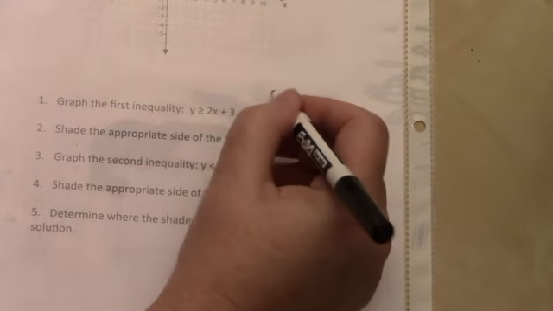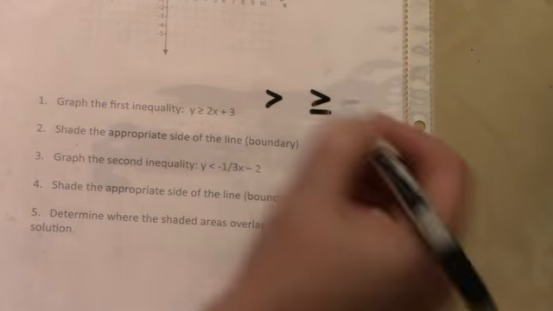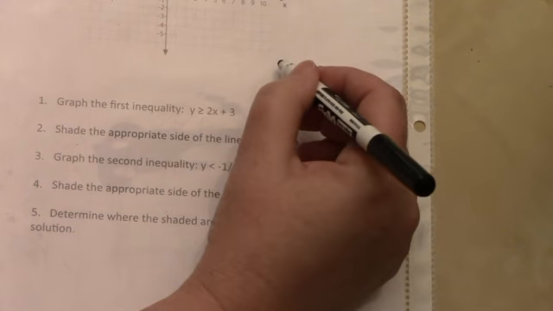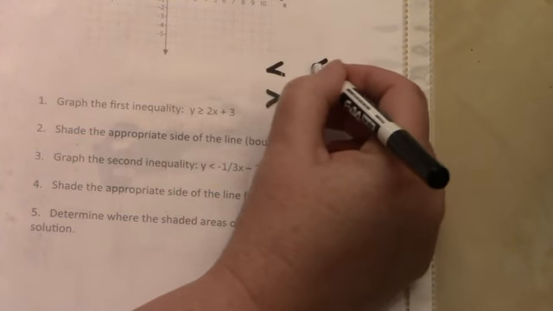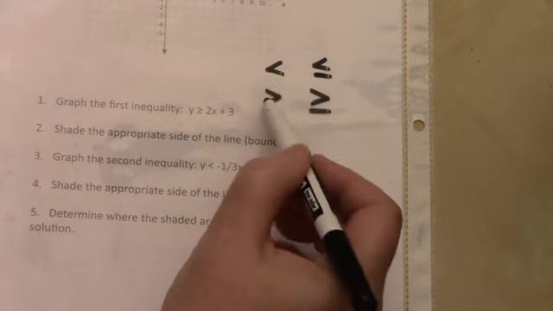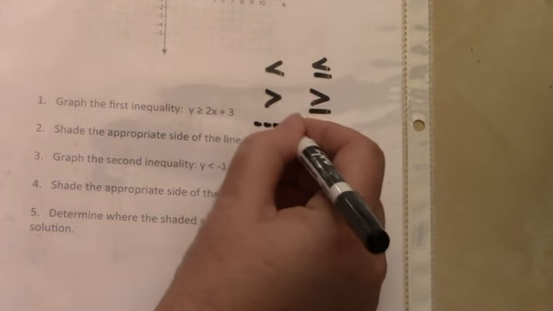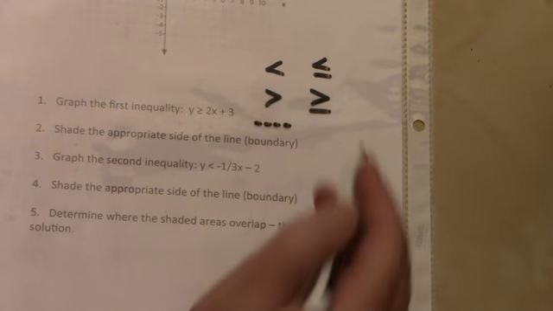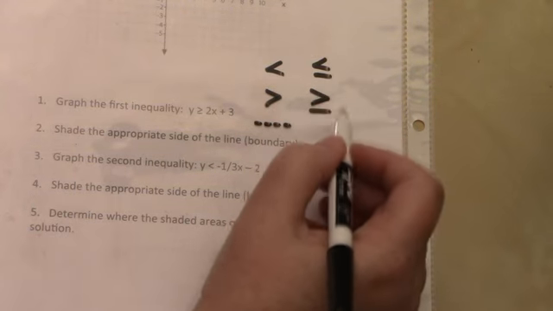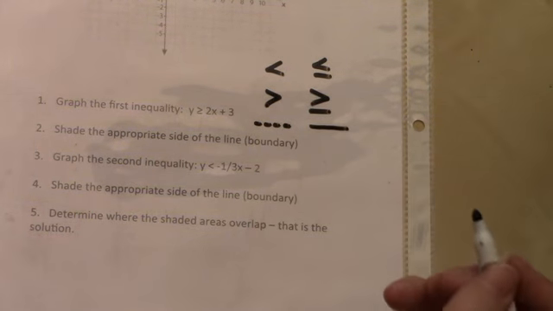That's the difference between an inequality being greater than or equal to, same thing with less than. Is it less than or is it less than or equal to? When it's just these, it is a dashed or dotted line. When it's including the equals, it's a solid line.